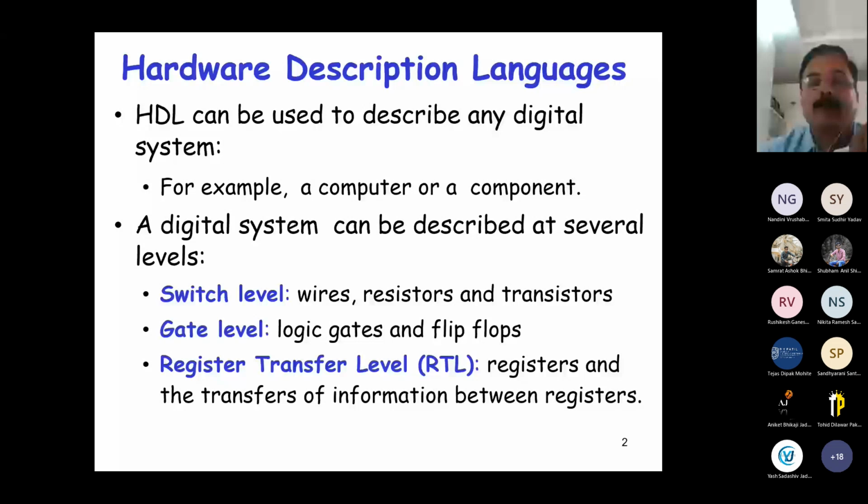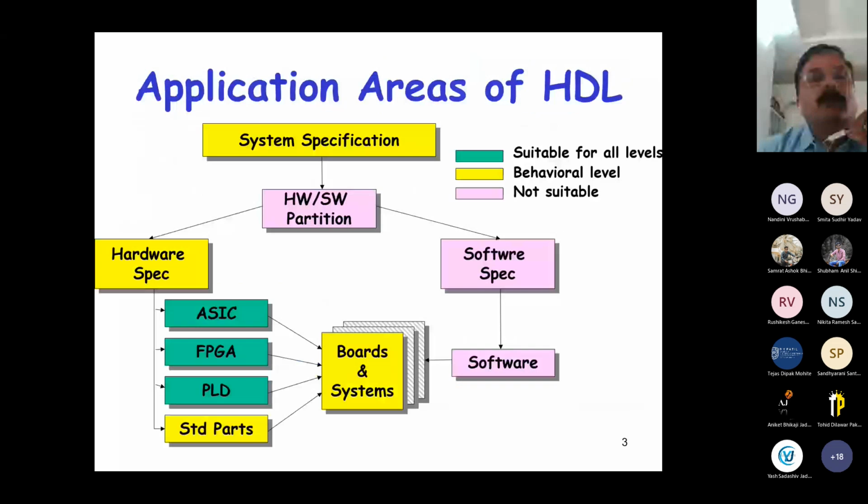Now let's see the application areas of HDL. We can use it for system specifications at the behavioral level, and that can be a combination of hardware and software. It can be partitioned into hardware and software. In hardware specification, the design can include either ASIC, that is application specific integrated circuit, or FPGA, which is nothing but field programmable gate array, or it can be implemented by using PLD, that is programmable logic devices, or it may be parts which can be used.